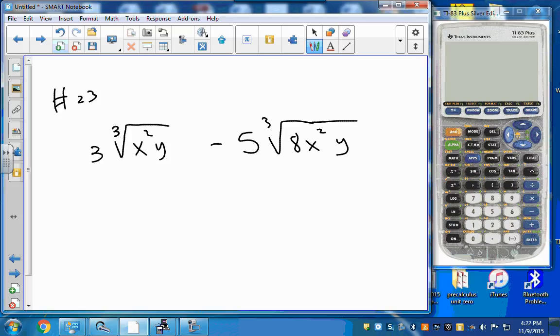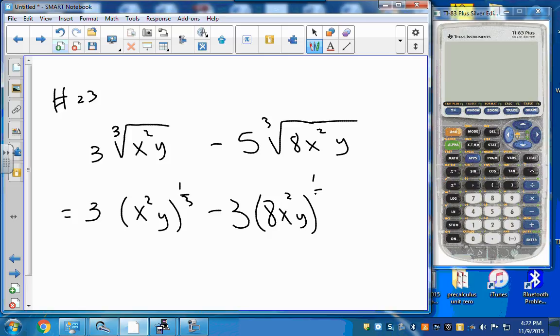What I want to do is to try to somehow combine these radicals, if at all possible. So I have 3 times x squared y to the 1/3, take away 3 times 8x squared y to the 1/3, and then take away 2 times 8x squared y to the 1/3.